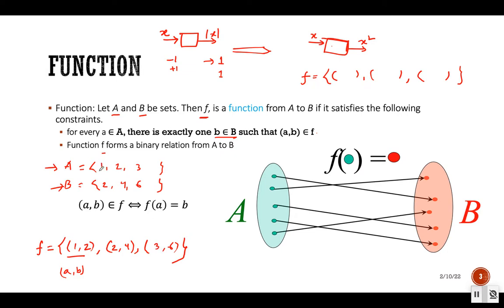And there is exactly one b for every a. I have 2 for 1, I have 4 for 2, I have 6 for 3. And these second elements of the ordered pairs belong to B. Now function f forms a binary relation from A to B. One important thing is that if we have a mapping like that, (a, b) belongs to f, we can say that f(a) equals b.